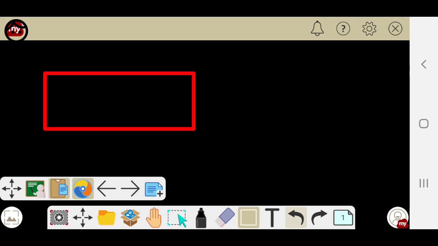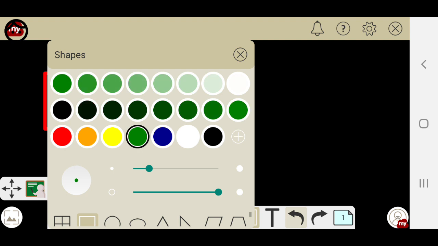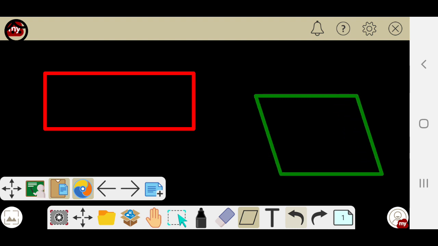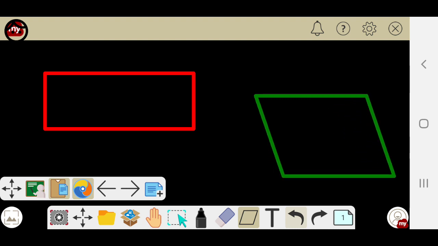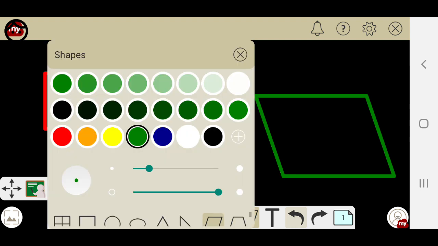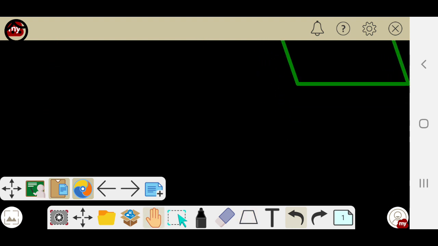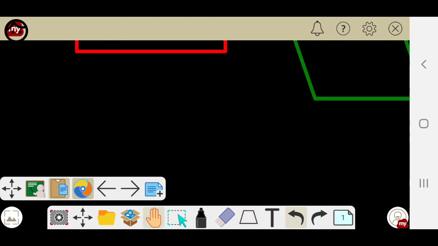yes, a four-sided polygon, a rectangle. Next, a four-sided polygon, a parallelogram. Next, also a four-sided polygon, trapezium.